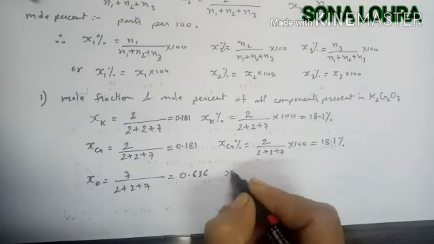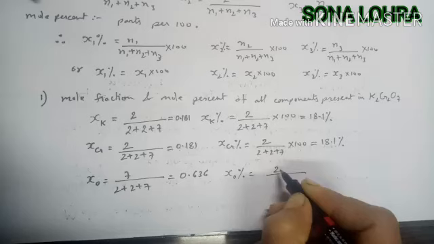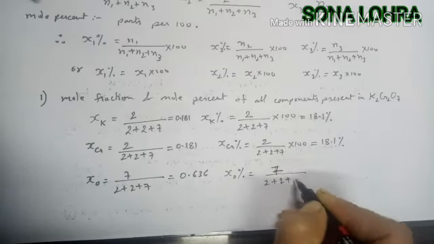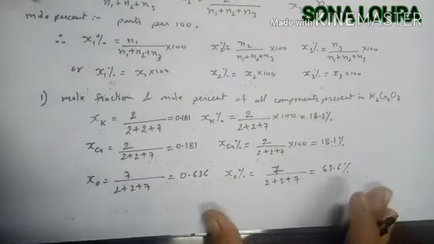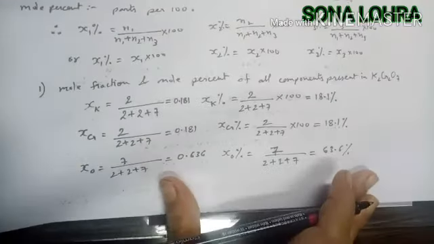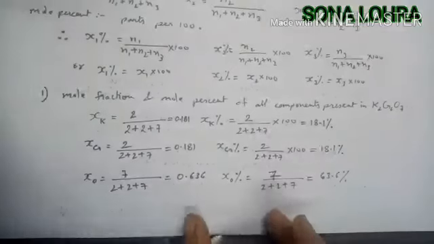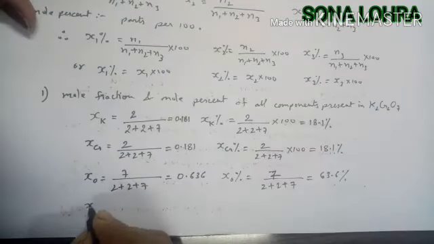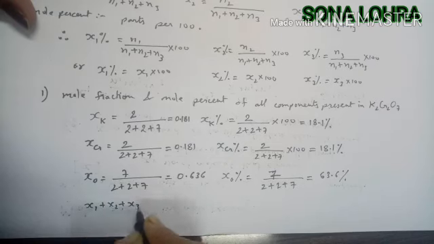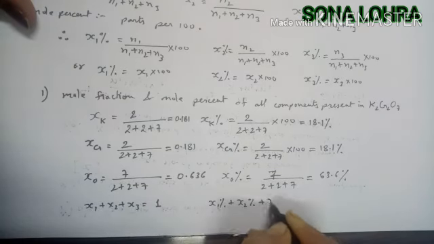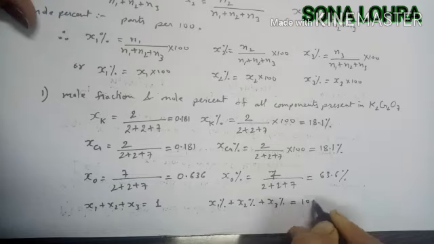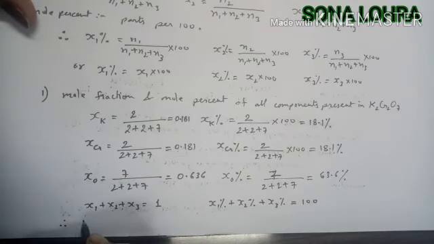And we can calculate all the mole fractions in the same way, which gives that the mole fraction of chromium is similar to potassium and oxygen is 0.636 and percent is 63.6%. The sum of all the mole fractions of a compound is equal to 1, whereas the sum of all the mole percents is equal to 100.